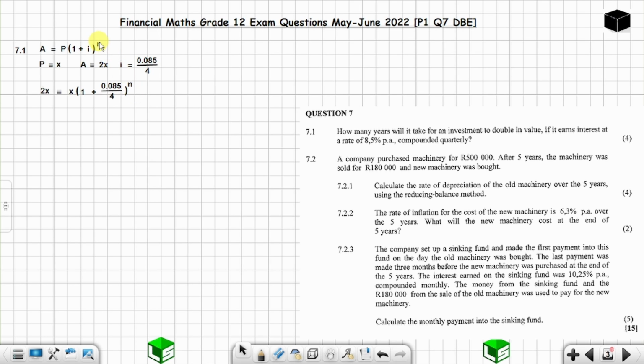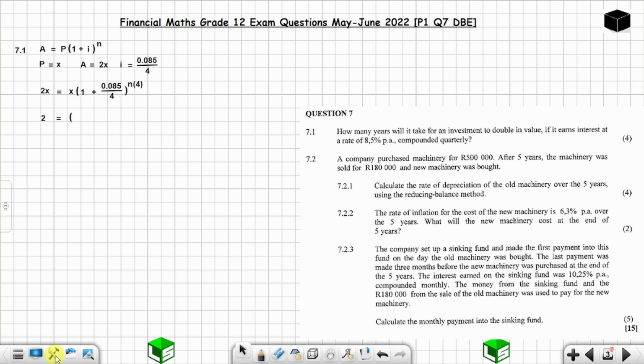Remember, n is going to be multiplied by 4 because this is compounded quarterly. Now drop x on both sides of the equal sign. When you drop x, you are going to have 2 equal to the bracket.